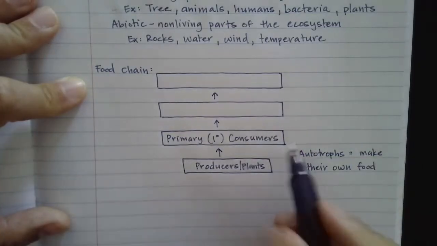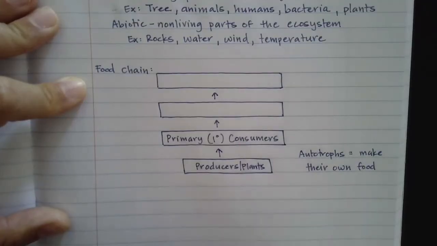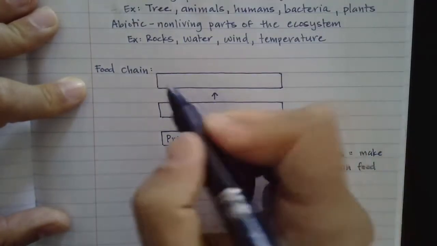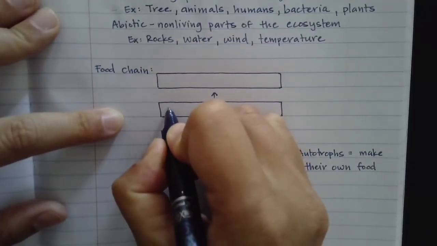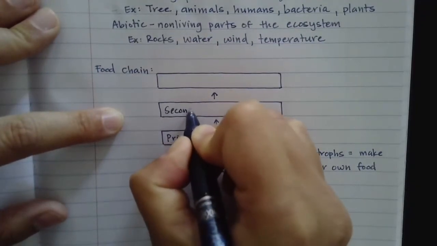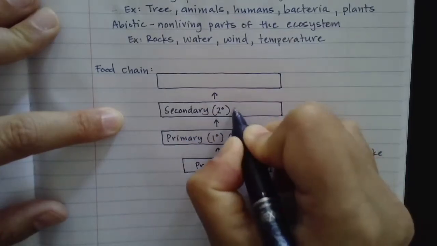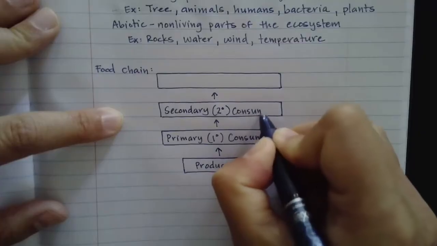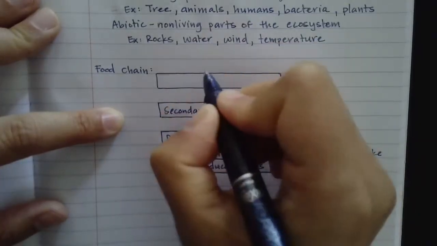So consumers, they don't make their own food, they have to eat food, and the thing that they're eating are the plants. Primary consumers are eaten by secondary consumers. Which are eaten by tertiary consumers.